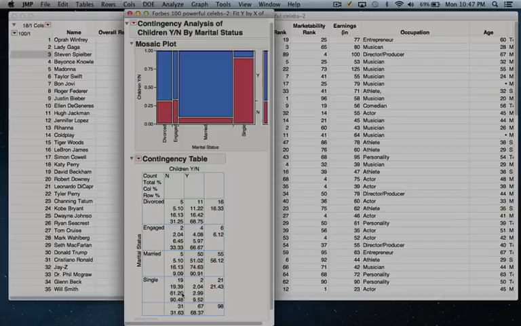So no matter what you're looking at, all of the row percents and all of the column percents always add up to 100%. And these numbers right here as well, the 16, 6, 55, and 21, are always going to add up to the total. So the counts are going to add up column-wise and row-wise. So 5 plus 11 is 16, 2 plus 4 is 6, 5 plus 50 is 55. So all of these numbers are going to add up across, and you're always going to get the total number at the bottom.